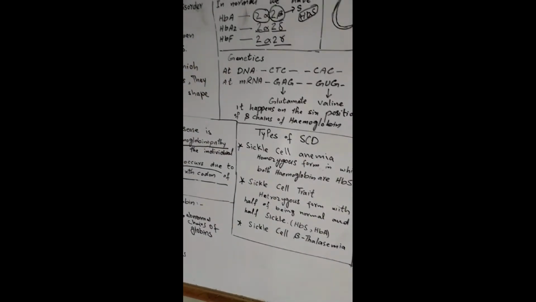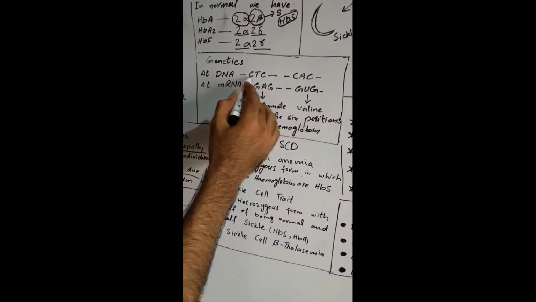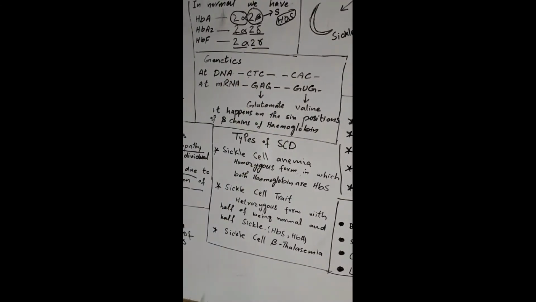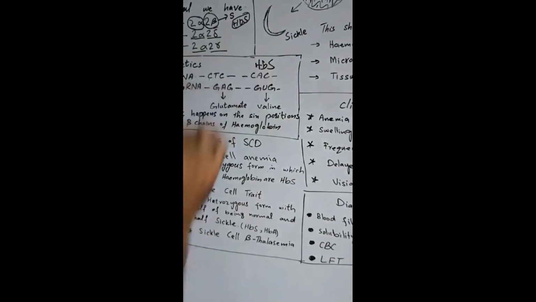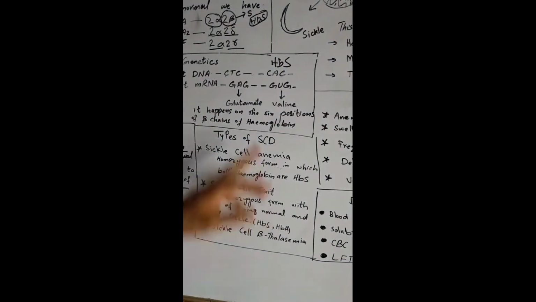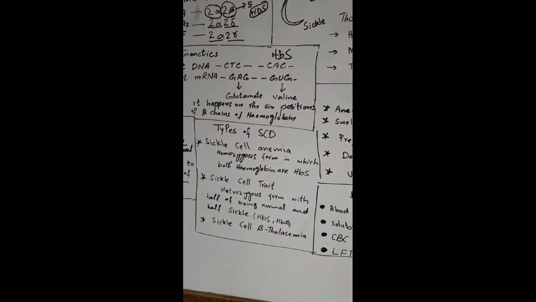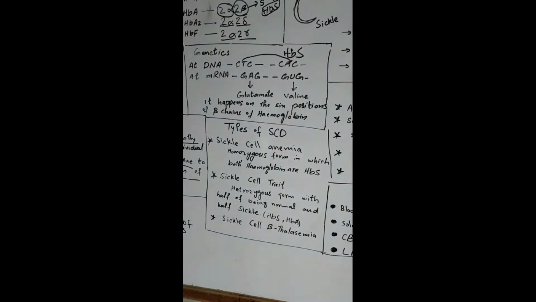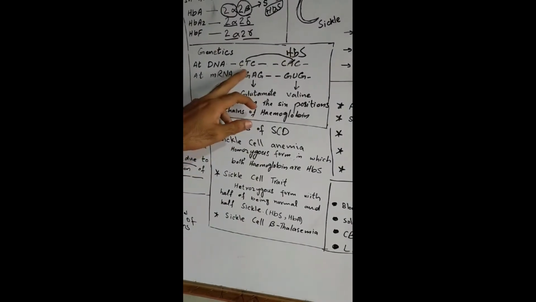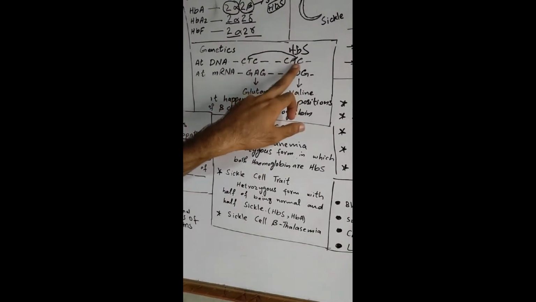At the DNA level, it is the sequence CTC, and in abnormal HBS, hemoglobin S, there will be the sequence CAC. There will be a point mutation here, a replacement of thymine with adenine.